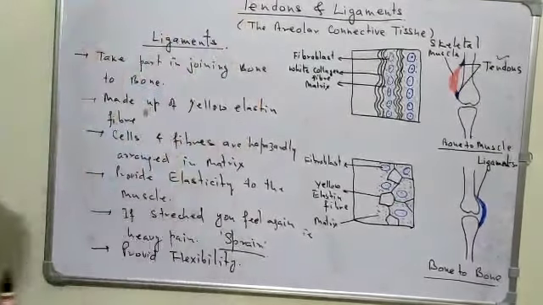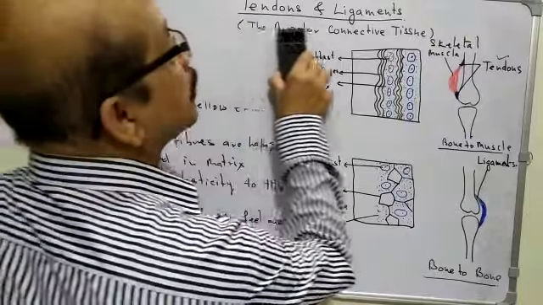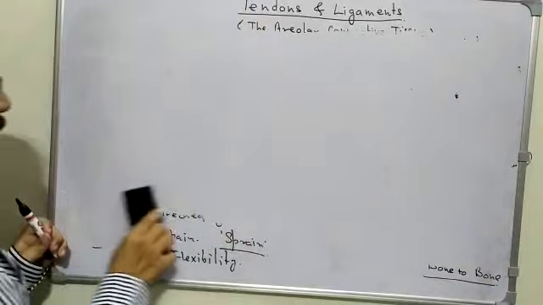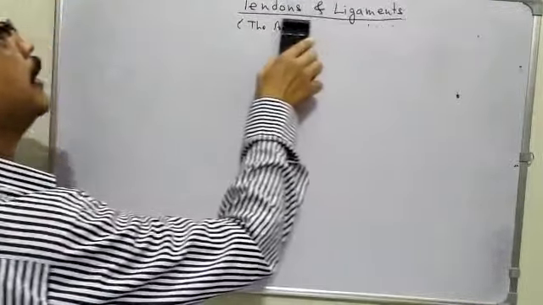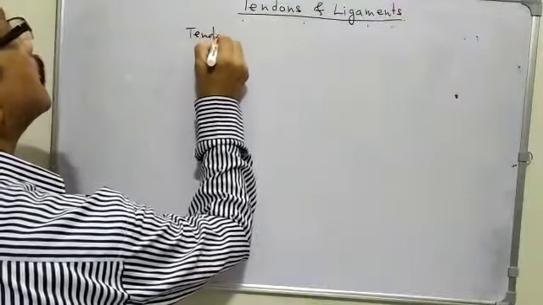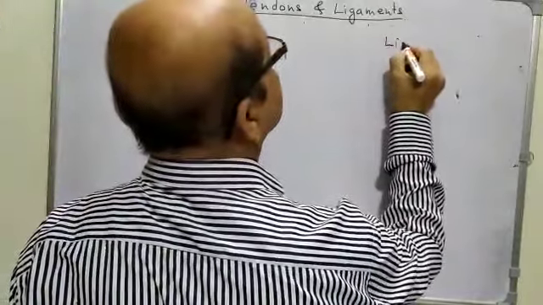So now we can compare one by one. What are the differences between tendons and ligaments? Here tendons and here ligaments.